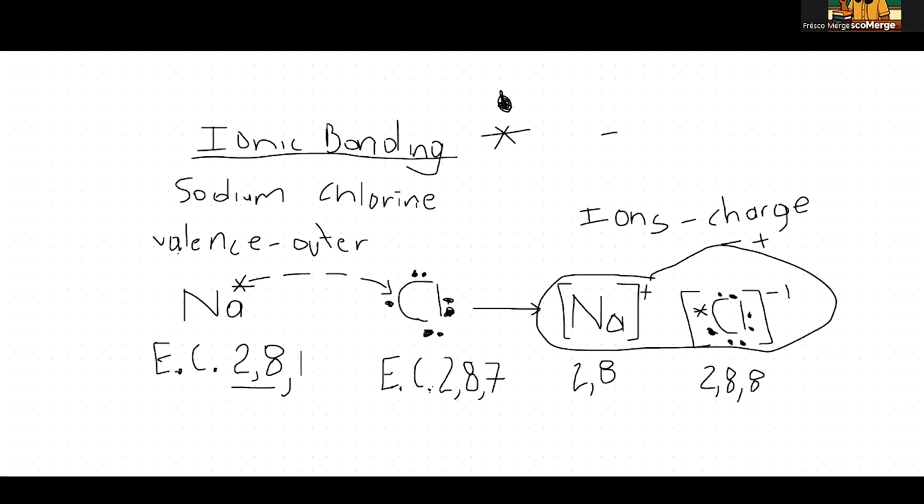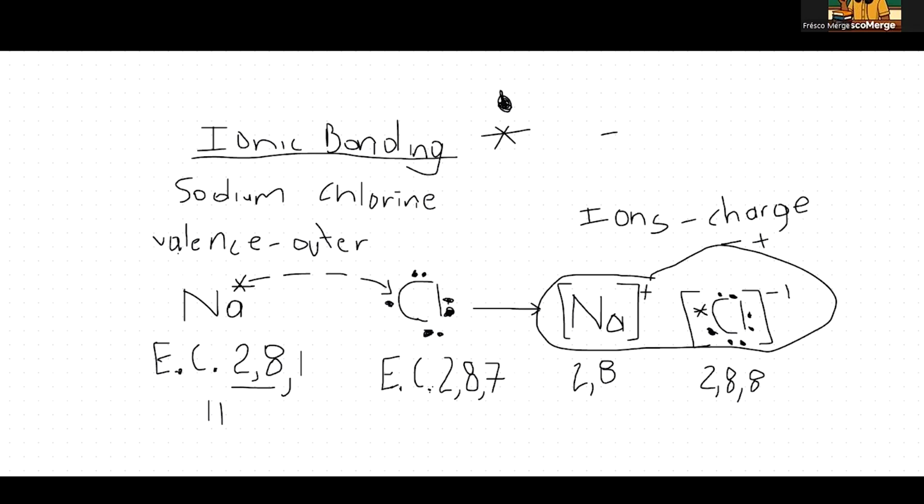So sodium, remember, the atomic number for sodium is 11. So it's 2, 8, and 1. 8, 9, 10, 11. That is sodium. When it comes to chlorine, the atomic number is 17. So it's 2, 8, and 7.